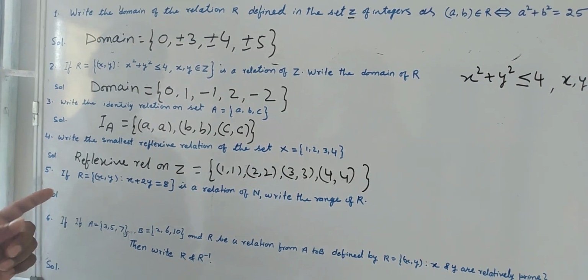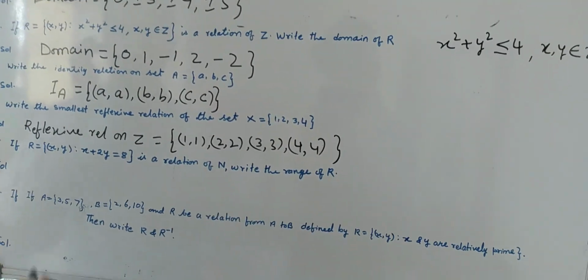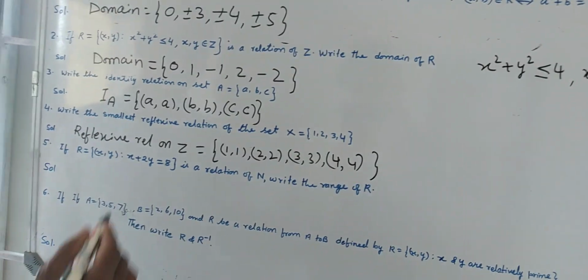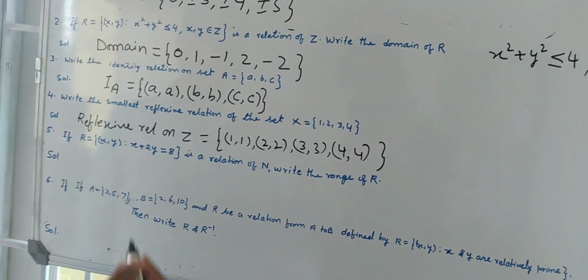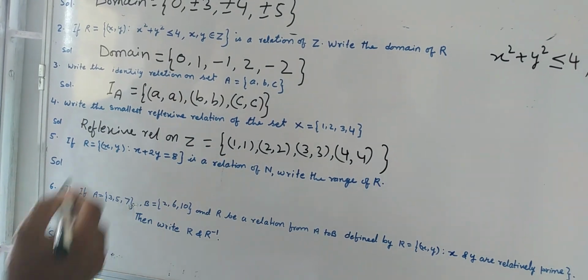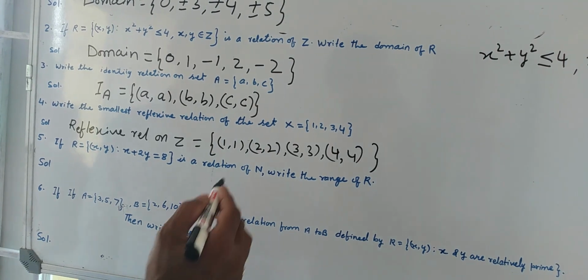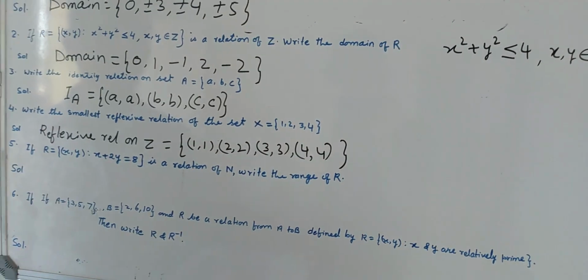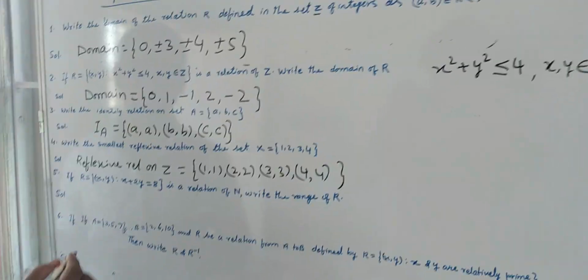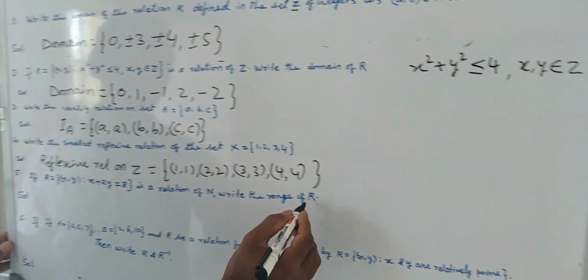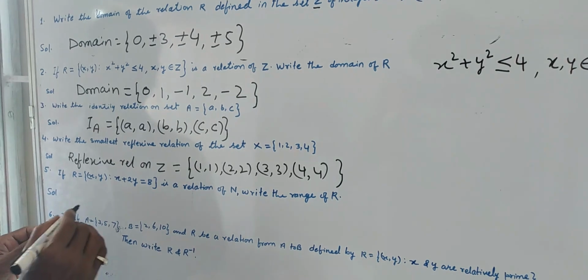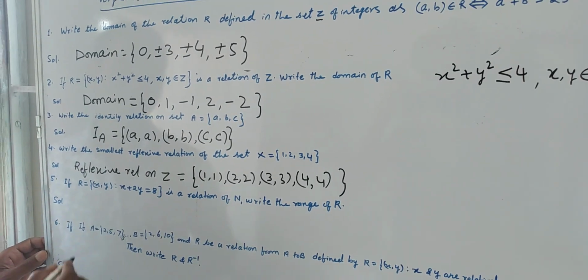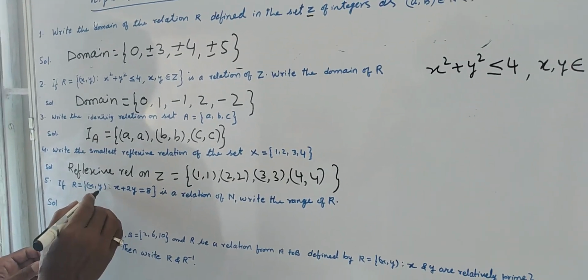Question number 5: (x, y) such that x plus 2y is equal to 8. So the values of x will satisfy this linear equation on set N. Here N is the set of natural numbers. So we have to find the range of this relation. Range, you know, is the value of y or the second component.